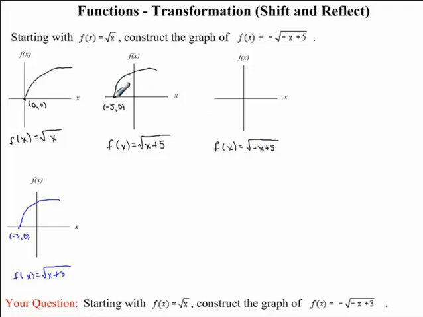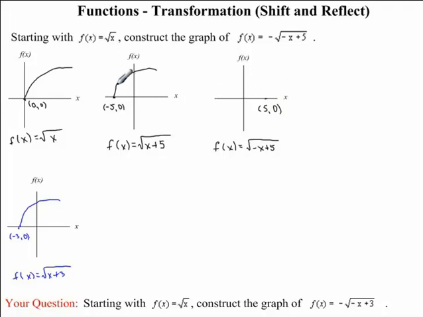So looking at our previous graph, we know this point here is negative 5, 0. In our new graph, however, all our x's need to be multiplied by negative 1. So this point, negative 5, 0, once we multiply our x by negative 1, our new point on our graph will be positive 5 and 0.